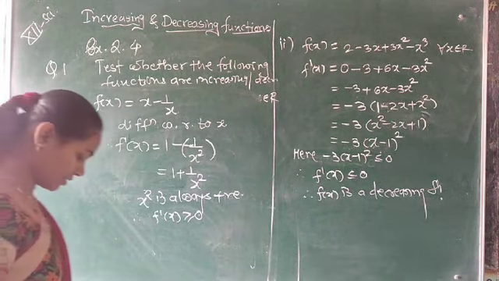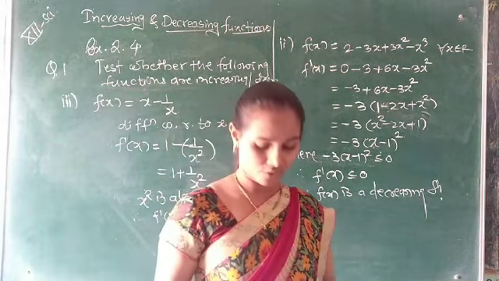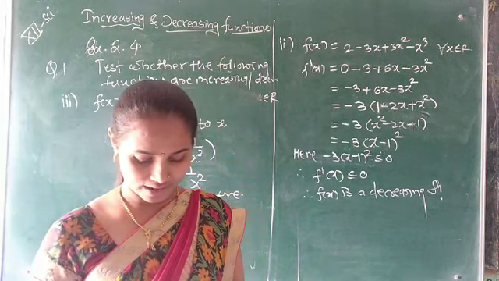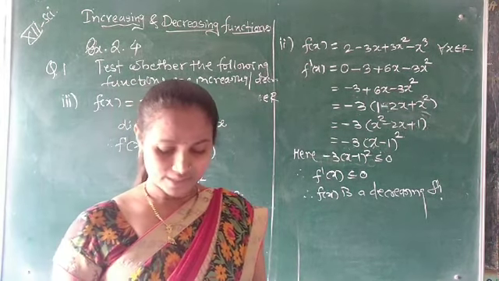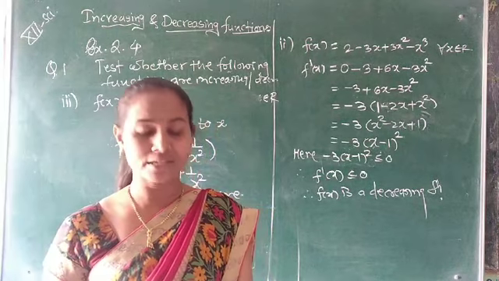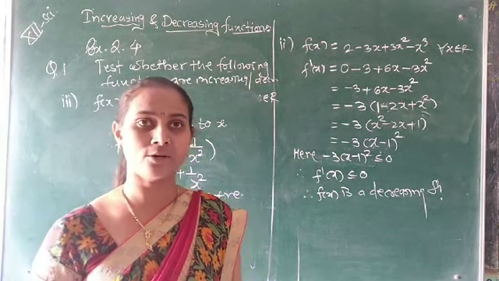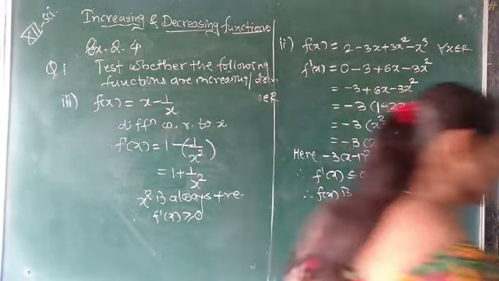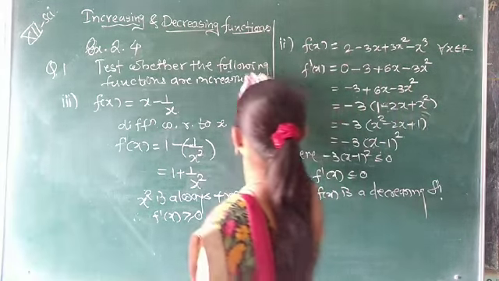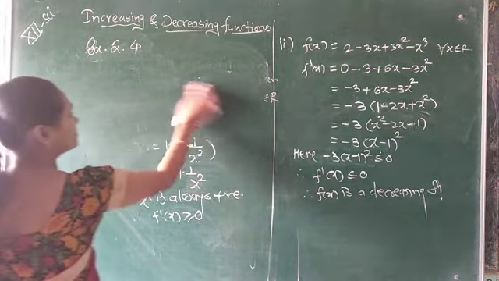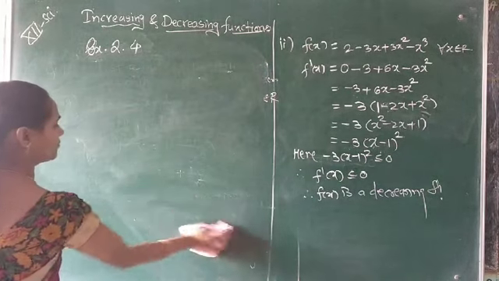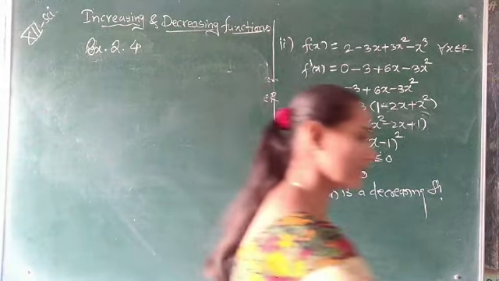Now see the next question. Find the values of x for which the following functions are strictly increasing. That means we are given a function which is increasing and we have to find the values of x. Question 2.